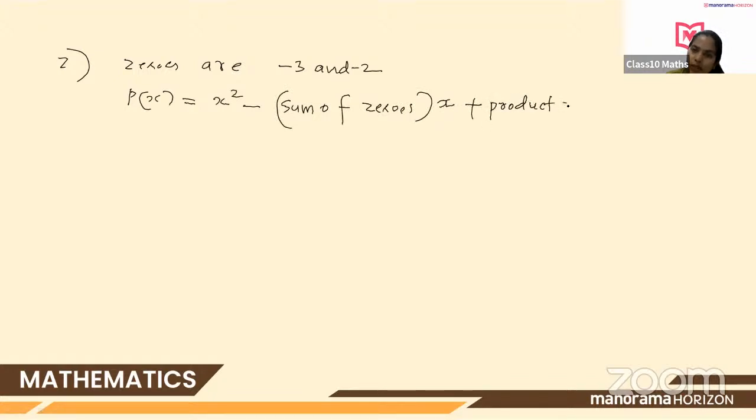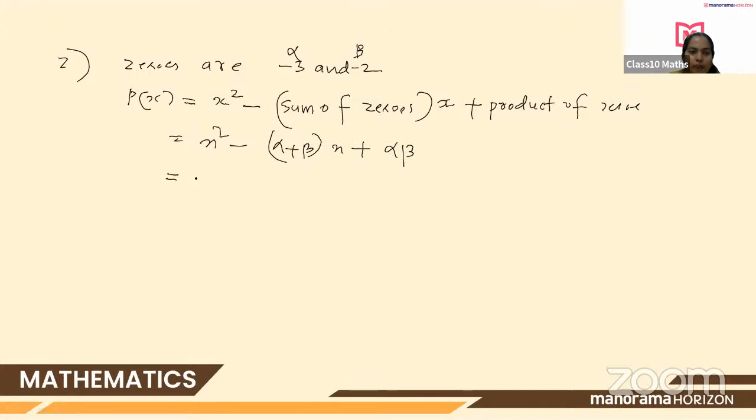So here we have alpha and beta, that is x square minus alpha plus beta into x plus alpha beta.